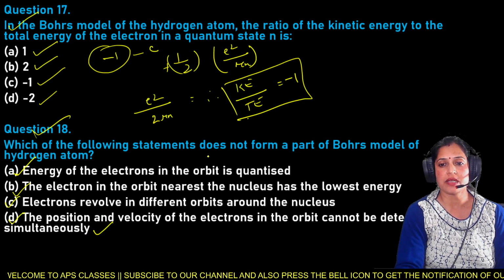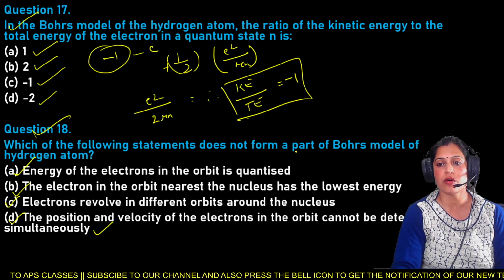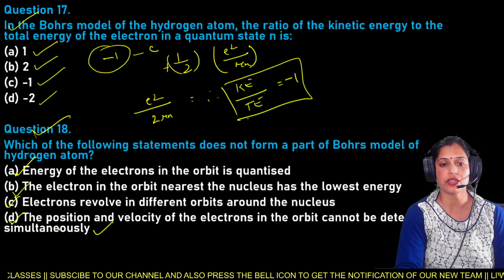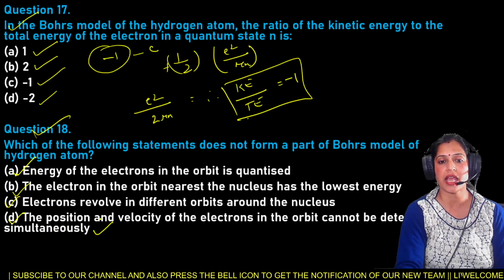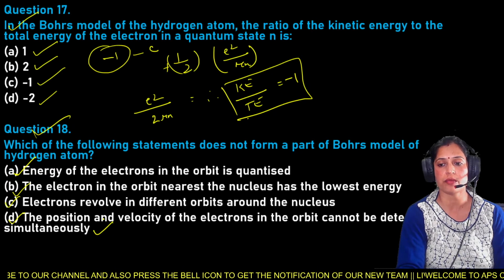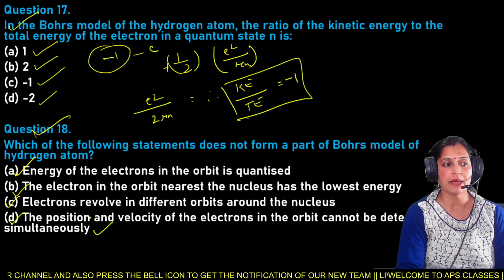So out of these statements, the statement that does not form a part of Bohr's model of a hydrogen atom is that the position and velocity of the electrons in the orbits cannot be determined simultaneously.